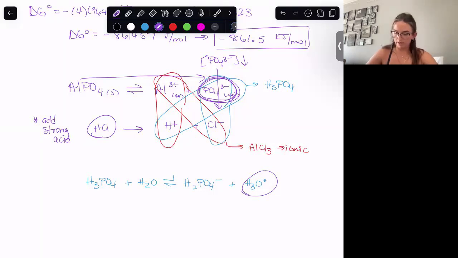So in this case, as pH decreases, solubility increases.